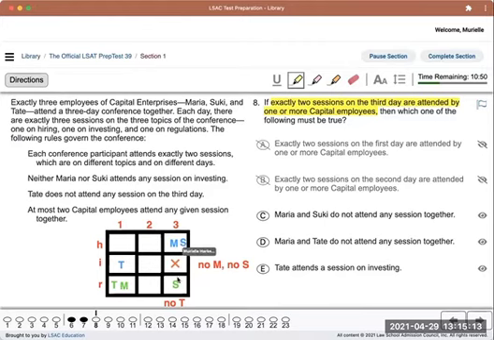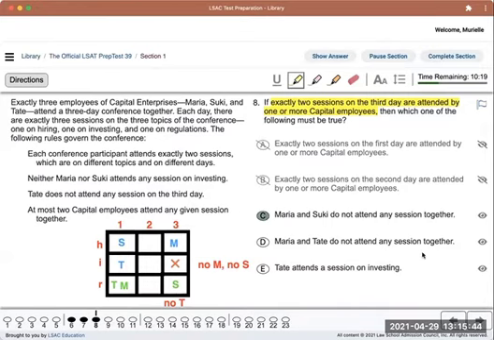So S can't attend 2 sessions in one day. So S has to attend a different session on day 3, so cannot attend both H and R on day 3, sorry. So it has to attend H on a different day, either on day 1 or on day 2. Okay, so C is the correct answer.